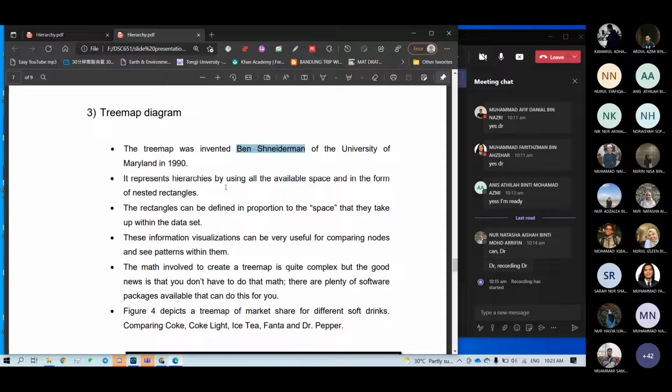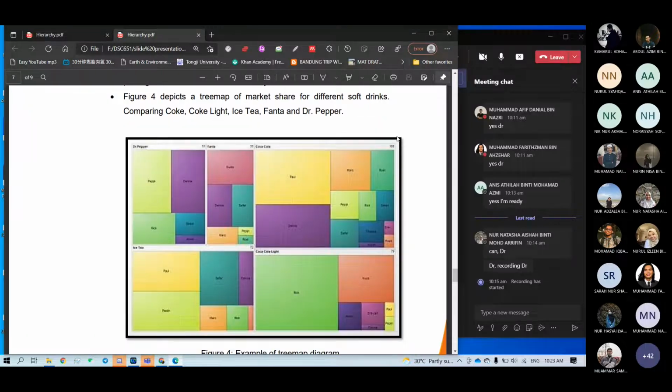It represents hierarchy by using all the available space and in the form of nested rectangles. Nested rectangles, why? Because the outside one is a rectangle. And then there are how many here? I can see that this is 1, 2, 3, 4, 5. This one is by itself.